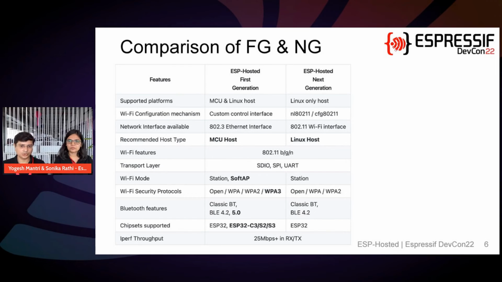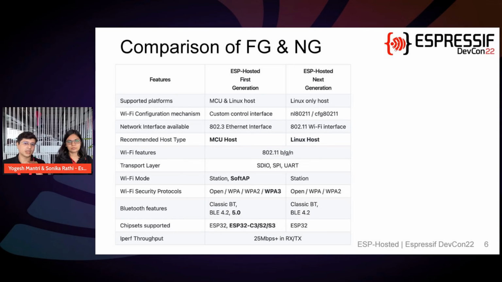But in the next generation, because it is 802.11 or WPA supplicant based configuration, you can only use it with the Linux ecosystem. Even though the custom control path is usable in MCU, it could be usable from Linux as well. Okay, understood. So I'll go to the next items.